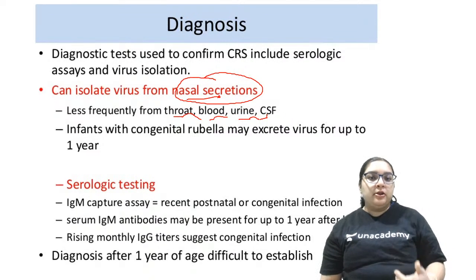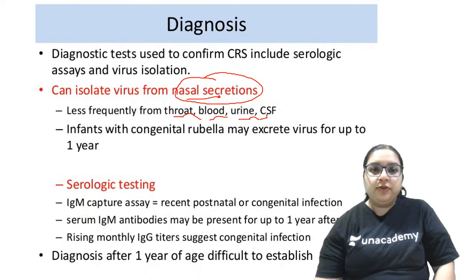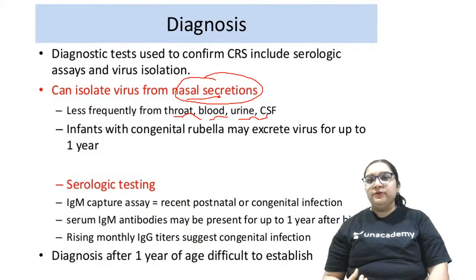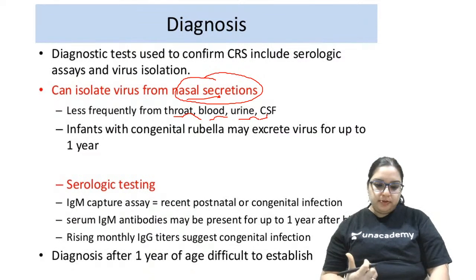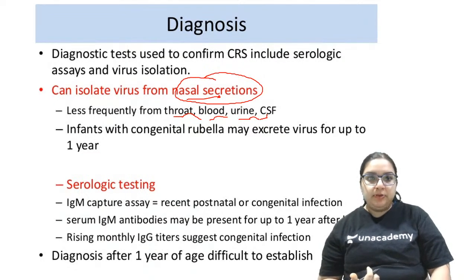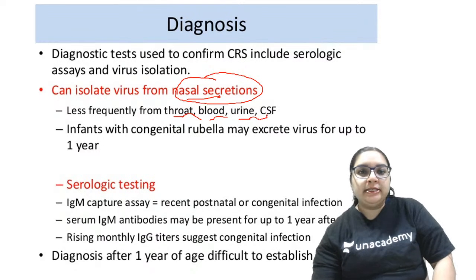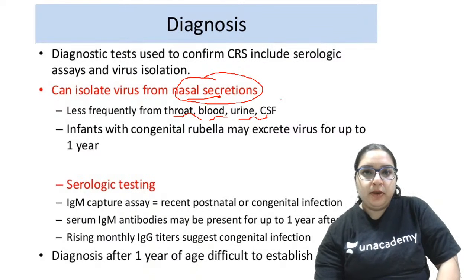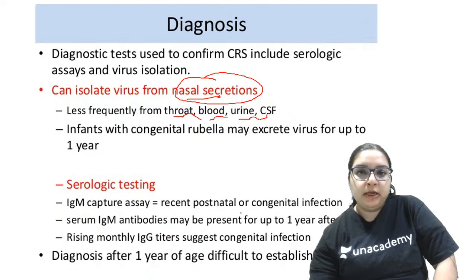Now coming to the serological testing. Okay, so first, I told you whenever there is acute infection, the best and the first marker is IgM antibodies, right? So the first is IgM capture assay. Okay, like when there is a recent postnatal or a congenital infection, right?